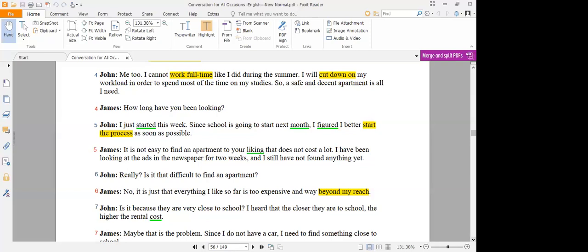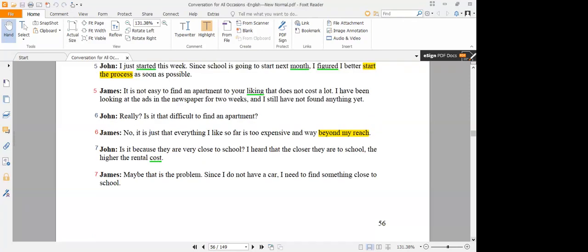Is it that difficult to find an apartment? No, it's just that everything I like so far is too expensive and way beyond my reach. Is it because they are very close to school? I heard that the closer they are to school, the higher the rental costs. Maybe that is the problem. Since I do not have a car, I need to find something close to school.